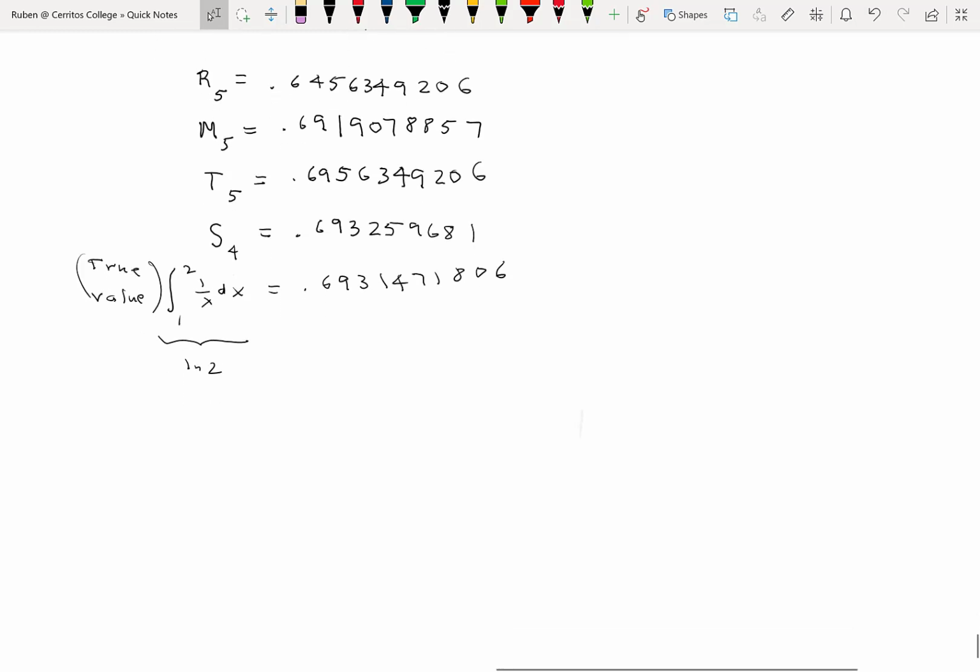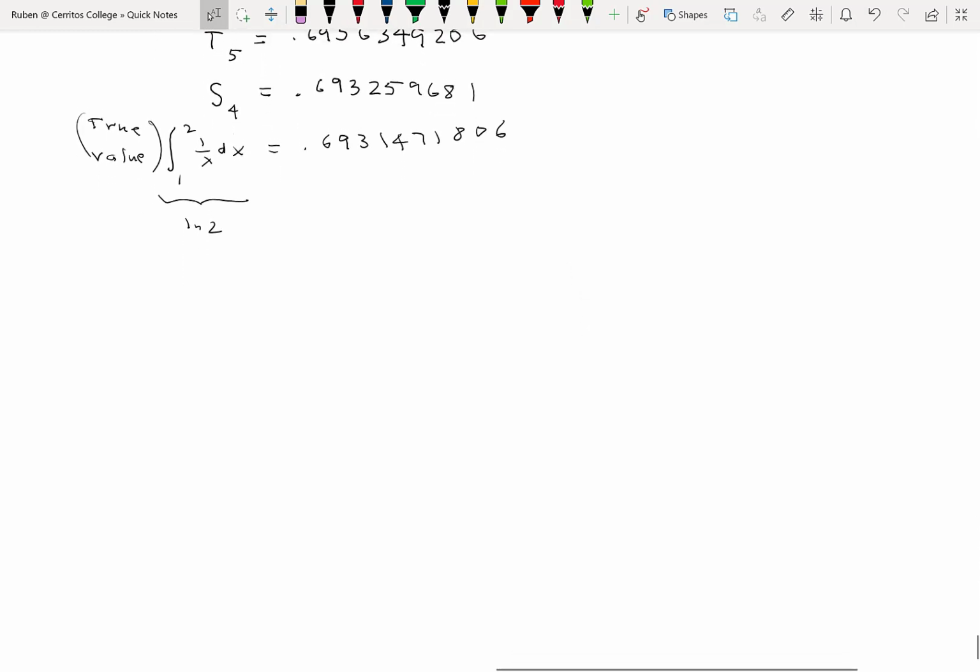So let's go back and define what we mean by error. We're going to use E, capital E, to represent error. E in our course represents error, and we're going to define error as the true value of whatever quantity we're estimating minus the estimate or the approximation.